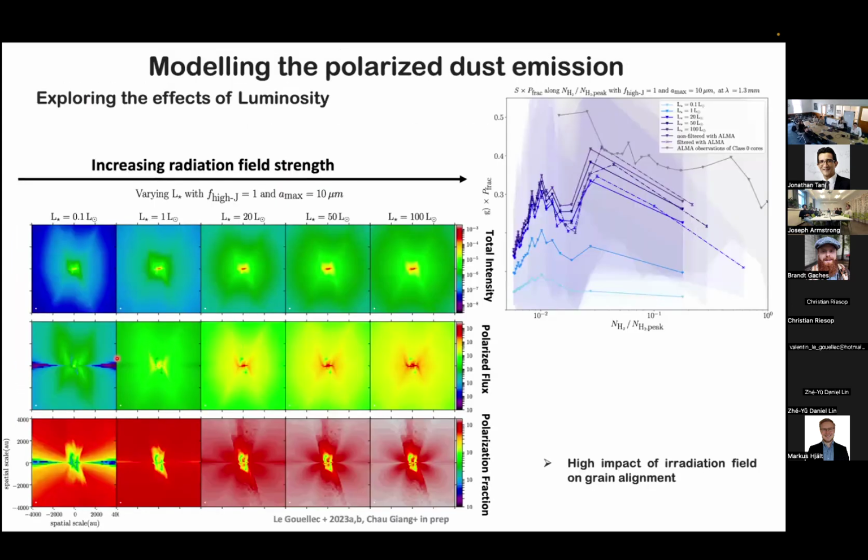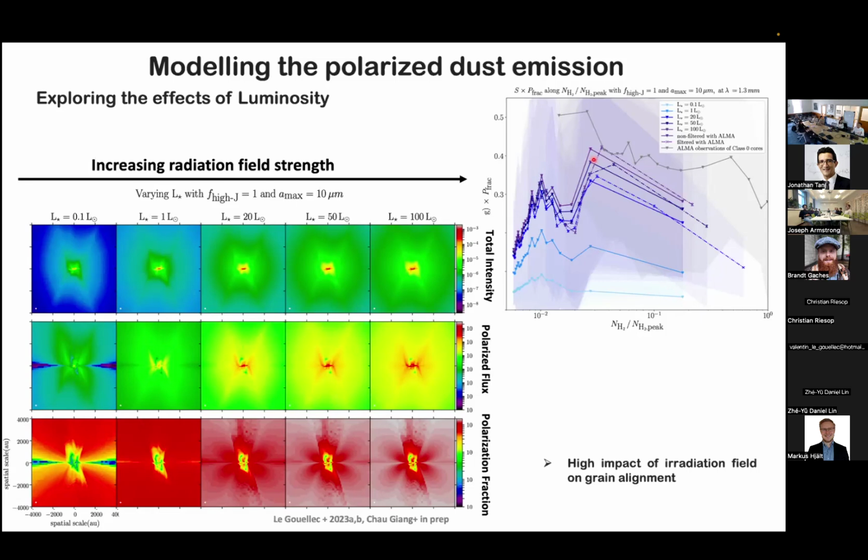All right, and this is quantified also in models where we compare four different irradiation levels. Again, the grain alignment efficiency in this upper plot here shows that you need to implement a significant level of irradiation, and therefore of accretion luminosity, in order to reproduce the grain alignment efficiency.